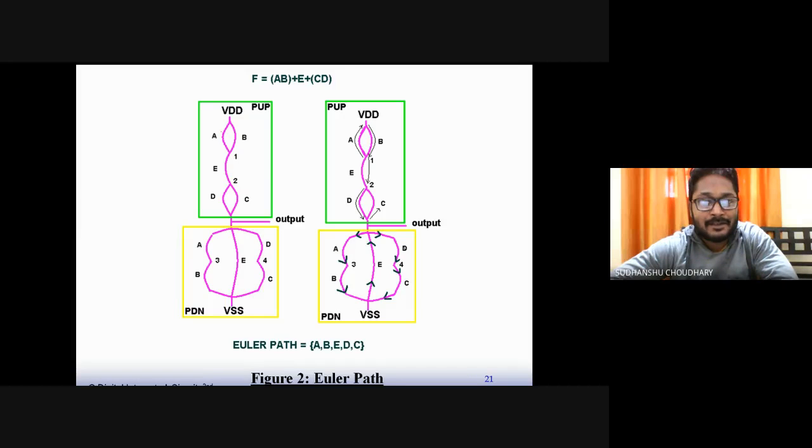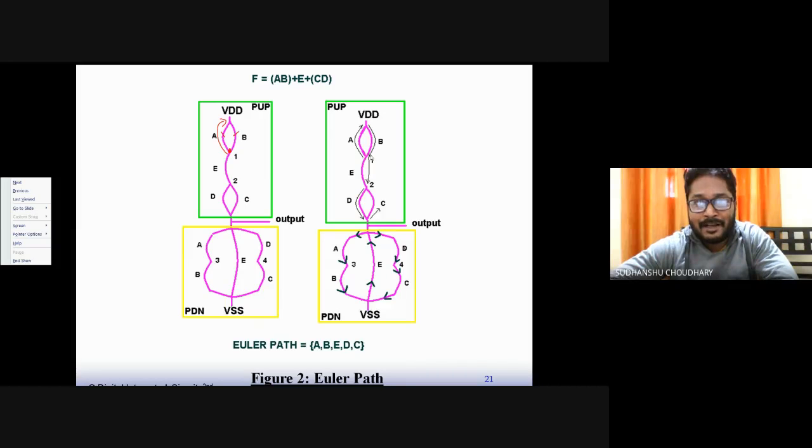Okay? This is one edge and this is another edge. So while moving from node 1 to, let's say, VDD via this path, you will traverse each edge only once. So one has to cover all the nodes, and the condition is that for covering all the nodes, you have to visit each edge only once.